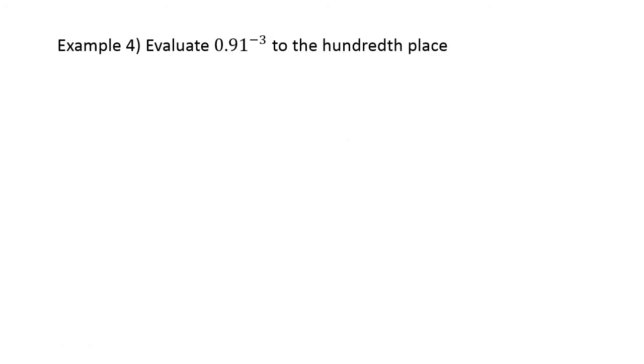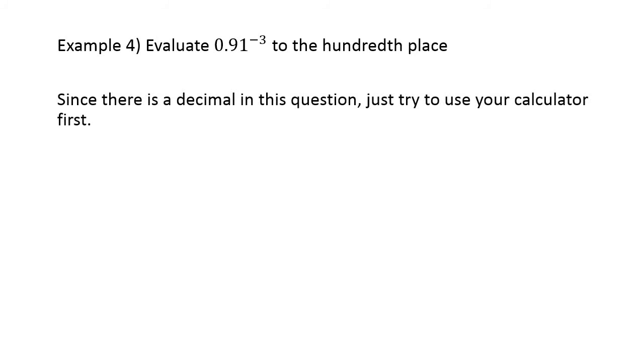Example 4. Evaluate 0.91 to the negative 3 to the 100th place. Since there is a decimal in this question, just try to use your calculator first. So plug in 0.91 to the, and then you want to make sure, well, typically, and it's always good practice, to put brackets around your exponent.